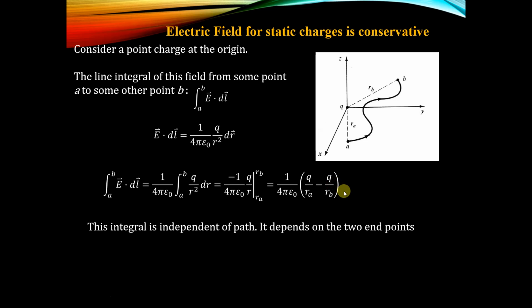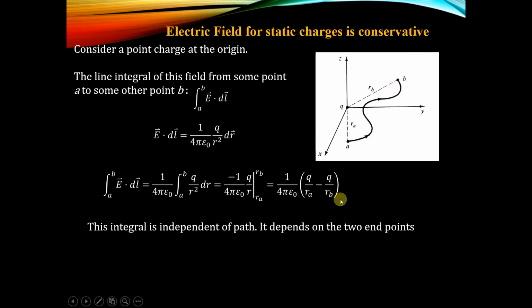Now this integration is going to be independent of the path. We can see that it depends only on the distances RA and RB, or the two endpoints A and B, the initial and the last point.